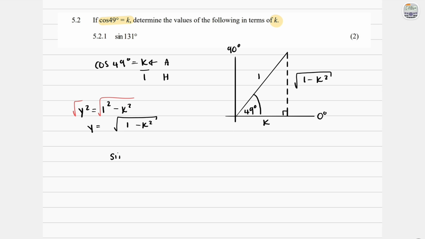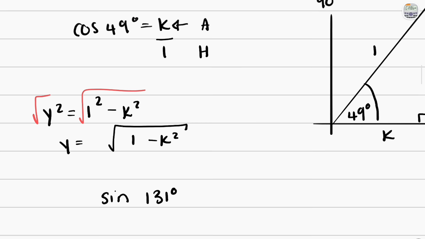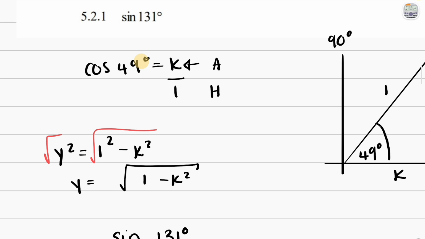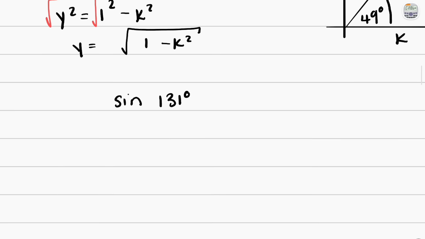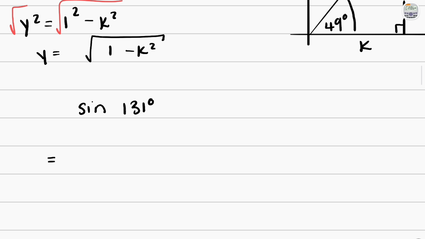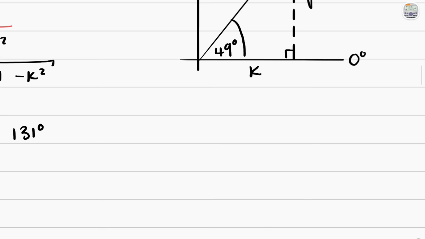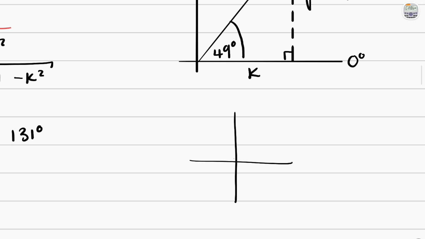And now we can find the value of sine 131 degrees. So you're going to have to ensure that this ends up relating somehow to 49 degrees. So sine 131, well, it's first an obtuse angle, so we can reduce it to become an acute angle. And you can see that this would be an angle that lies in the second quadrant, okay? Greater than 90 degrees, but it is less than 180 degrees.